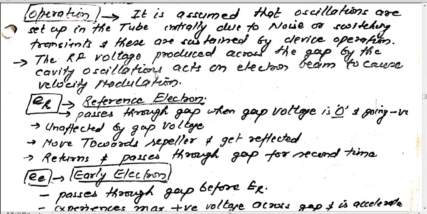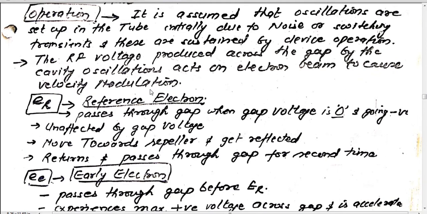Those cavity oscillations act on the electron beam to cause velocity modulation.